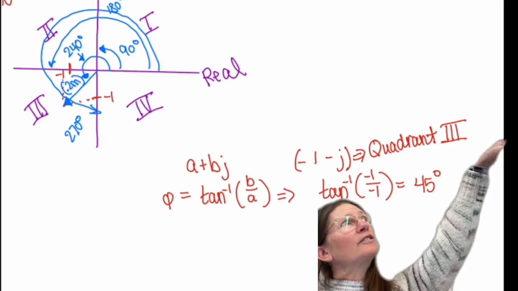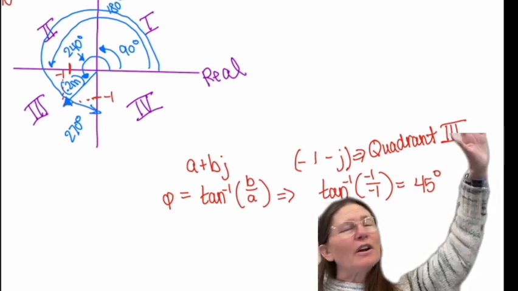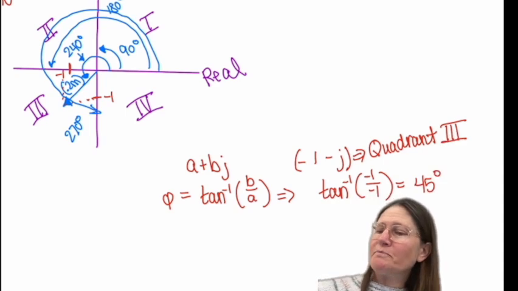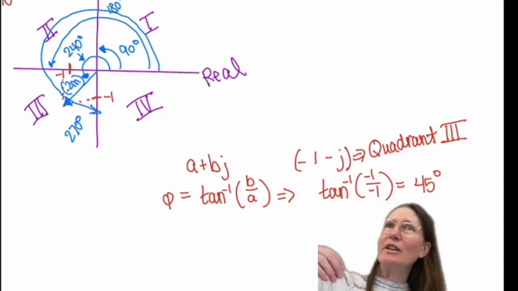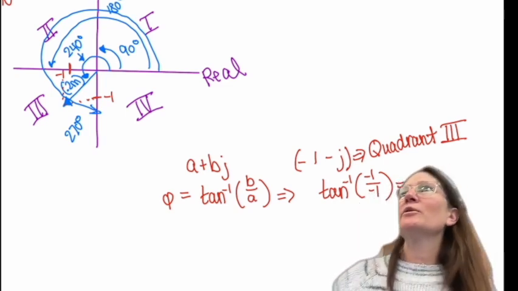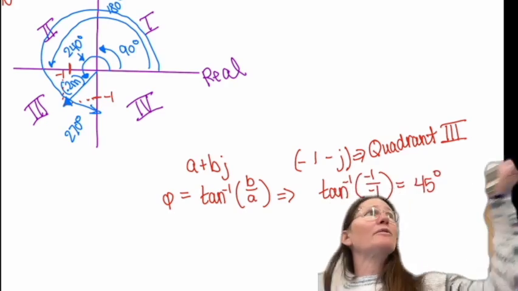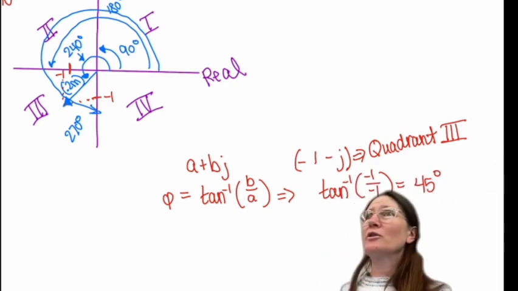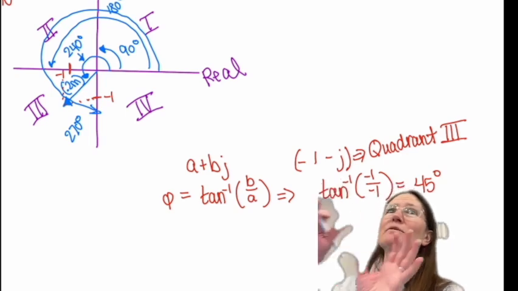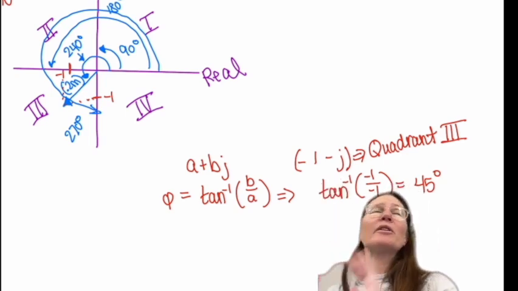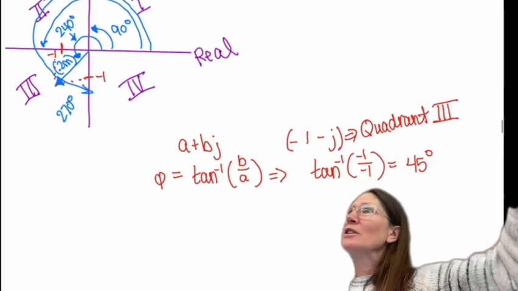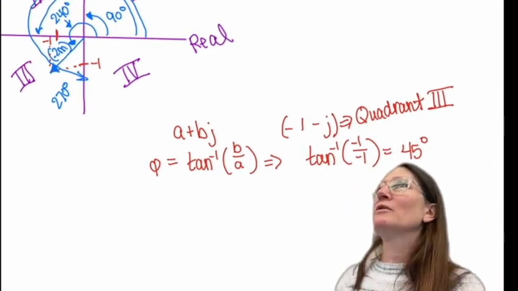It's going to be 45 degrees, but you have to add 180 degrees to get you into the right quadrant. So that's why you have to be careful and understand these quadrants to make sure you are in the right one. Otherwise, you can get something like this where your negatives cancel out and give you an actual positive.